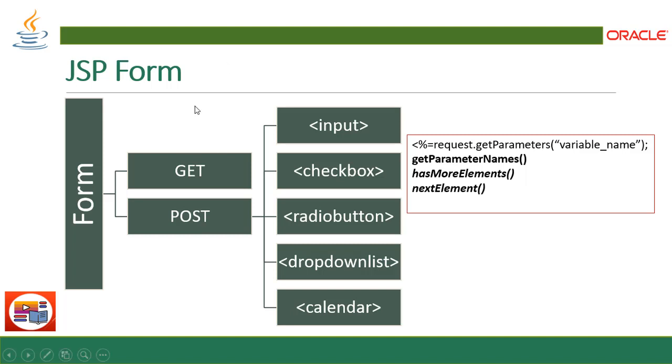Now there are different types of input you can get from the user, like an input text or a checkbox or a radio button or drop down list or calendar. The way the user selects the input is called the input type. When the user enters the input, there will be some attributes for the input tag like ID, name, value, or other features you want to add in the attribute.